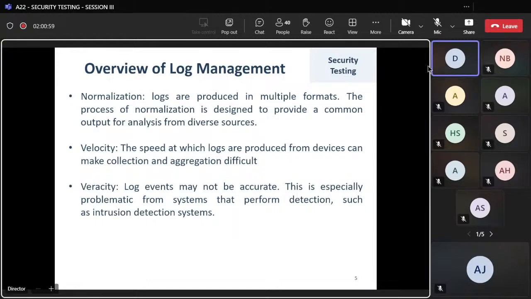The third one is veracity, because the log events may not be accurate. Sometimes the IDS may record thousands and thousands of logs, but after investigation you will come to know there could be many false positives within that. So the log events may not even be accurate.